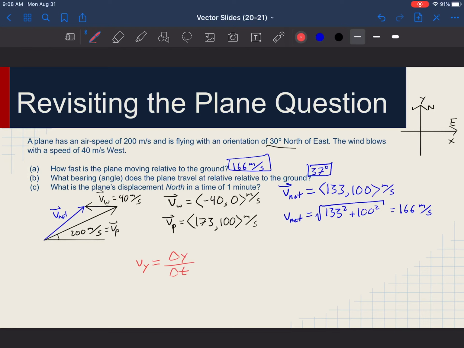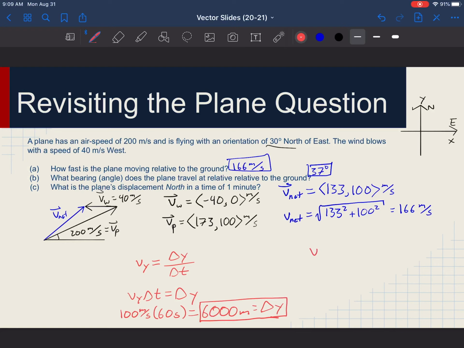So if I want to find how far it's traveled in the y direction, Vy is 100 meters per second, time is 60 seconds. So this comes out to be 6,000 meters. This is how far it's moved in the y direction in a time of 1 minute.